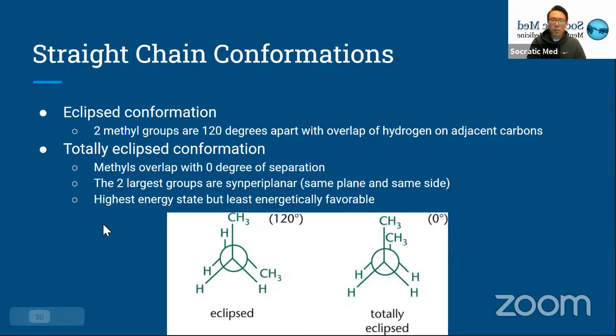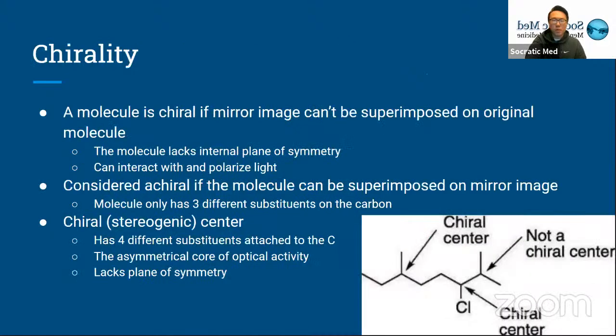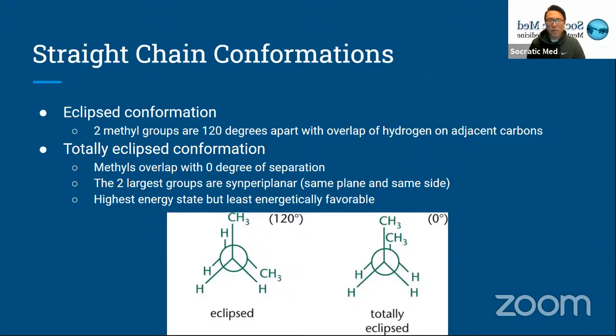And this is why they're pretty similar, because they're the same molecule, but the bond rotation causes these conformational isomers. Any questions before I go on to chirality?